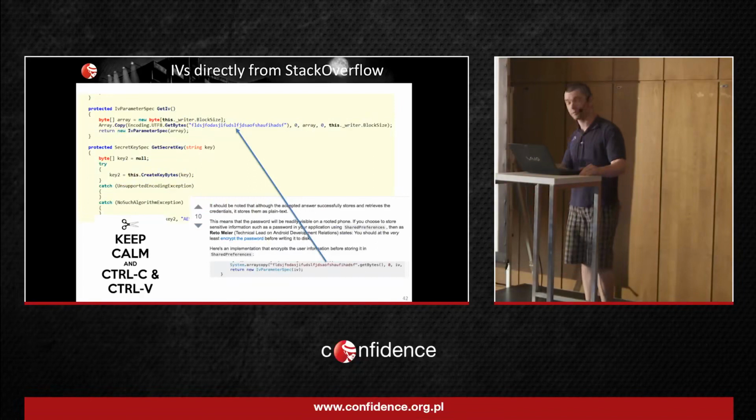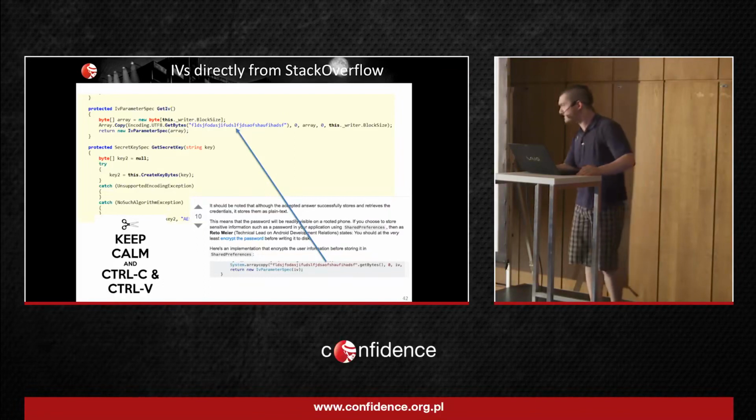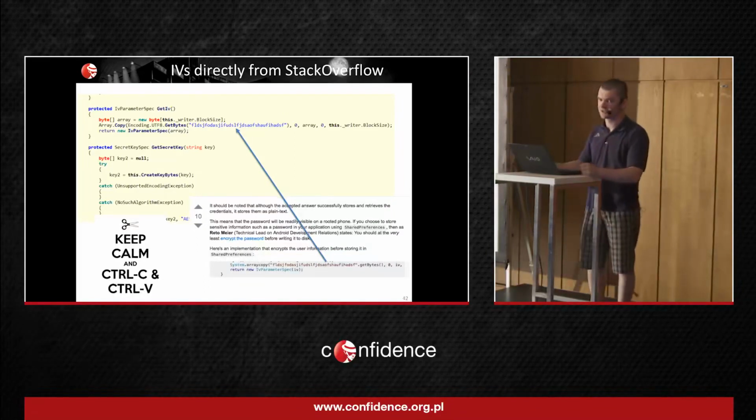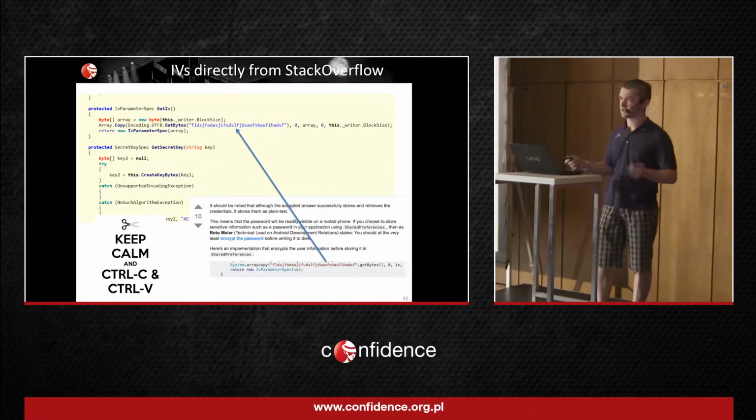Another case, so cryptography is a really hard thing to understand. If you want to use AES for strong encryption, there can be a lot of unknown words like IVs, encryption mode, only must be in byte arrays. So this is not what you want for rapid application development. And on Stack Overflow, all is already coded.